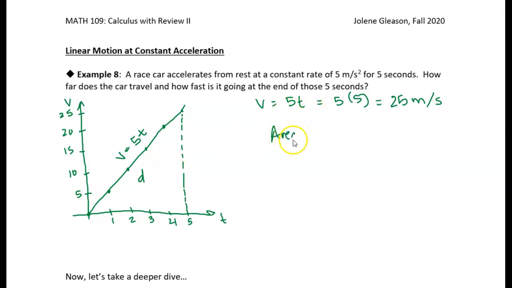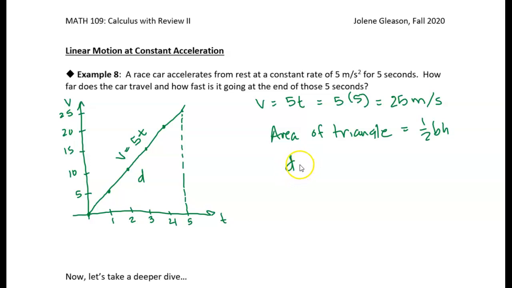So the area of a triangle is 1/2 base times height, okay? And that area is going to be the distance.